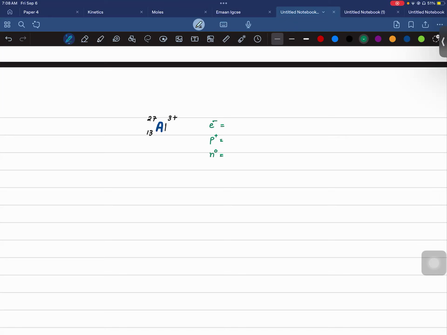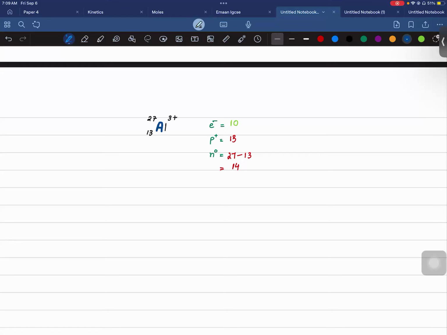No, wait. Neutrons is equal to 27 minus 13, that is equal to 14. And then protons is the one we have to subtract. So protons is 24? No, 13 protons.